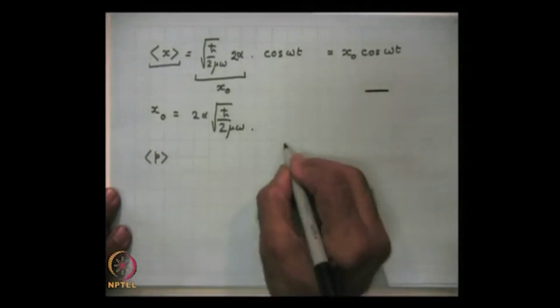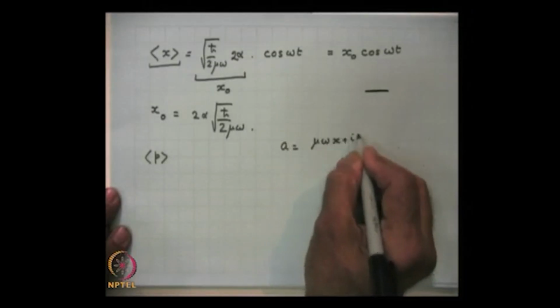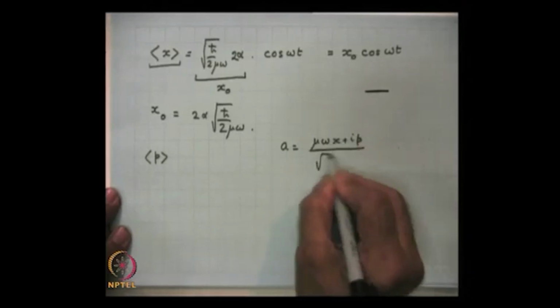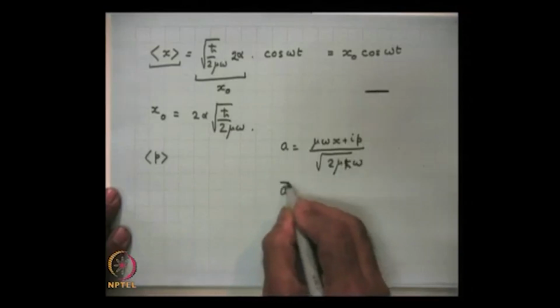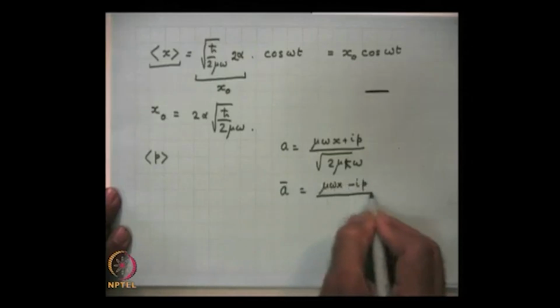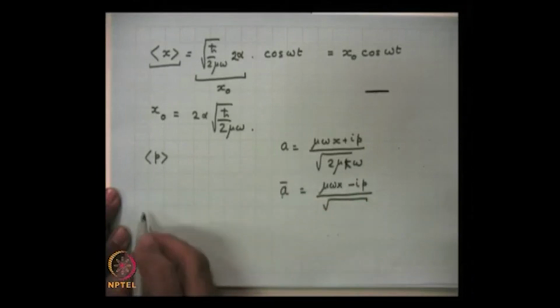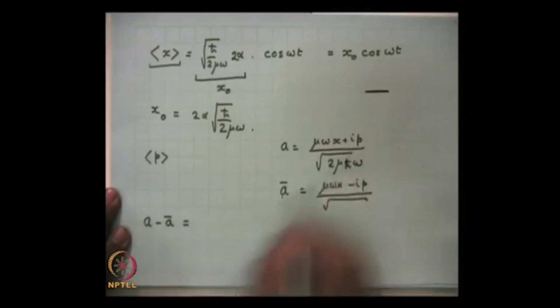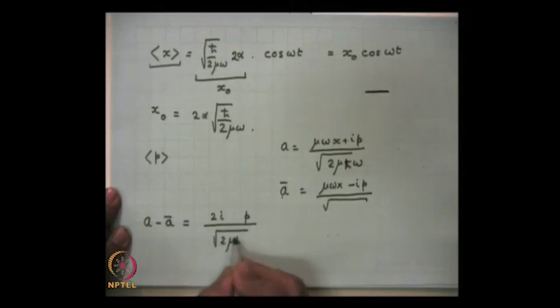We had A is equal to, as you may recall, mu omega x plus I p divided by 2 mu h cross omega, and A bar was equal to mu omega x minus I p divided by the same. So, if I subtract this from this, I get A minus A bar is equal to 2 I p divided by 2 mu h cross omega.